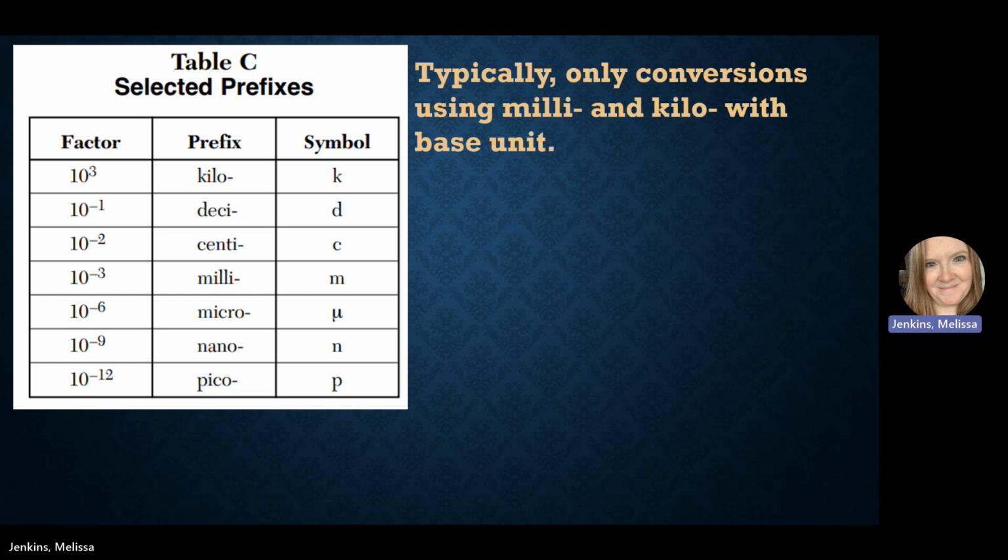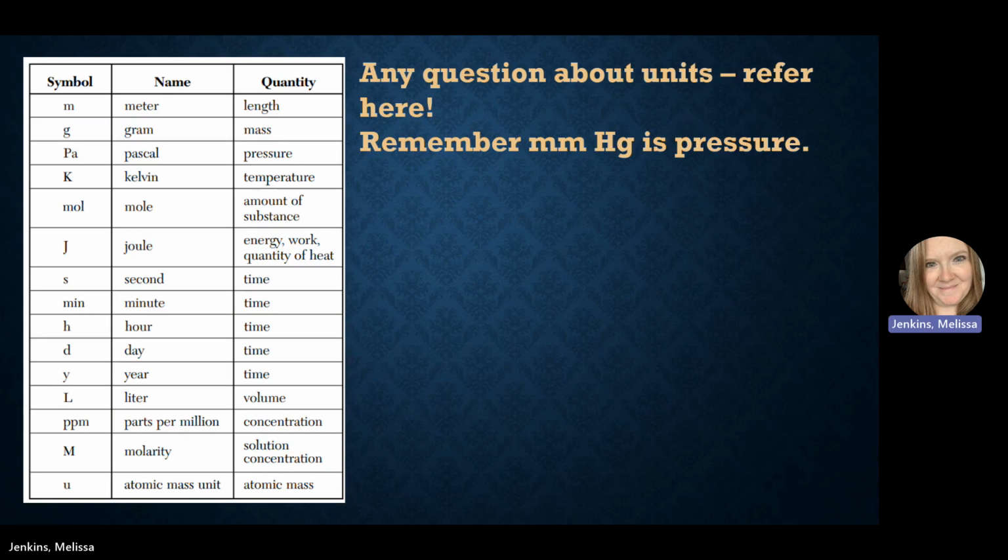Knowing those is helpful because sometimes it's hard to interpret this table. And I don't really see them using other ones, at least for conversions. Then when we get to Table D, basically if the question says, what is the unit for, and you didn't turn to this table, then you weren't doing yourself a favor.